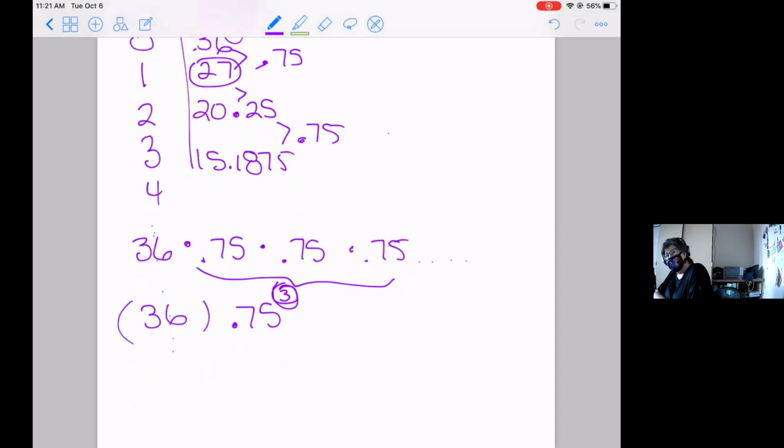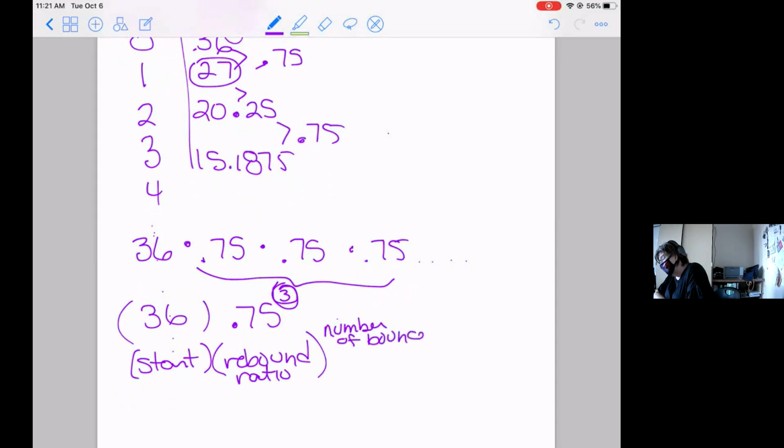So it's our starting height times our rebound ratio, and I'm not going to use variables yet, to the number of bounces. And we're going to clean this up for writing an equation soon. But for right now, that's what we're doing.